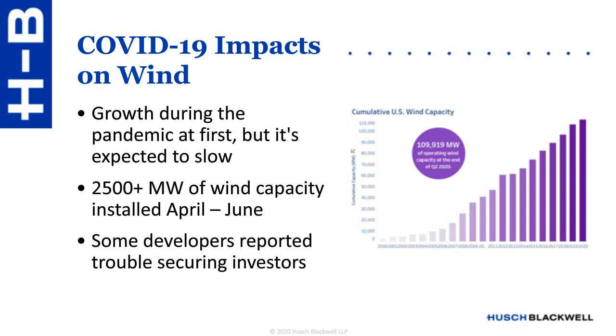I think we've got some people that are starting to report that they've had trouble securing investors, and that goes back to what we heard from lenders and tax equity investors back in April, where there was a flight to quality of projects, and people's underwriting standards have tightened, and it makes it hard to find investors for projects.